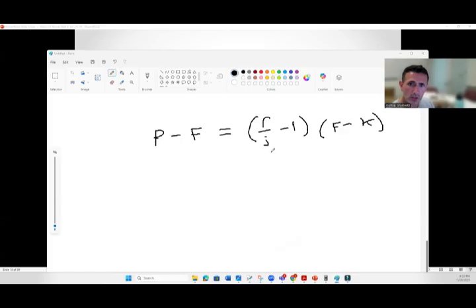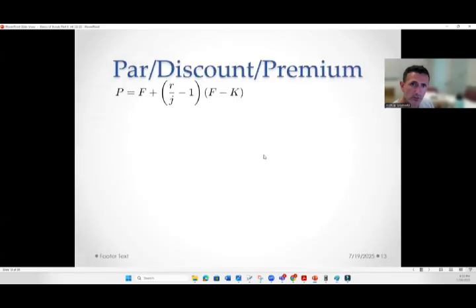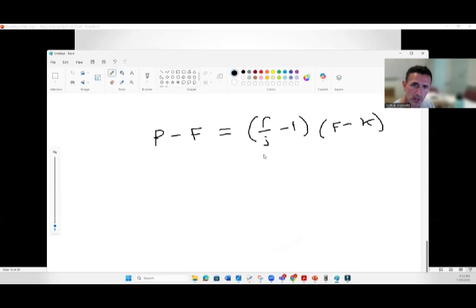All right, and what good is this? Well, one thing I want to make clear, remember that K is F v^n, so F over 1 plus j to the n.